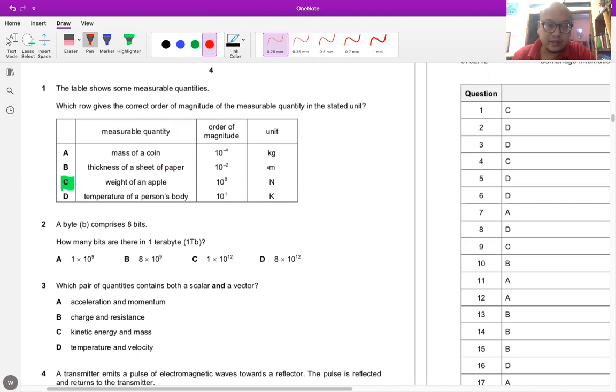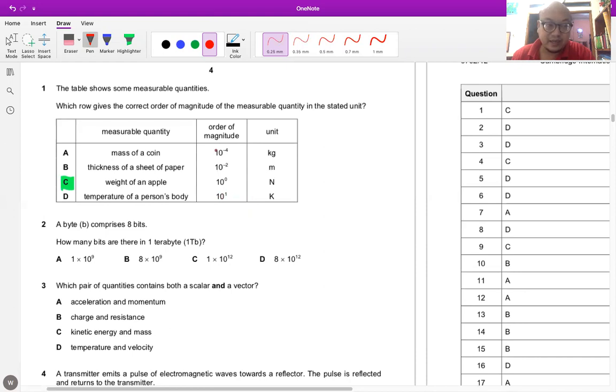Mass of a coin in kilograms, thickness in meters, weight in Newtons, and temperature in Kelvin. With temperature 10 to the power 1 Kelvin, is it correct? Body temperature of a person is about 37, so it's not correct.